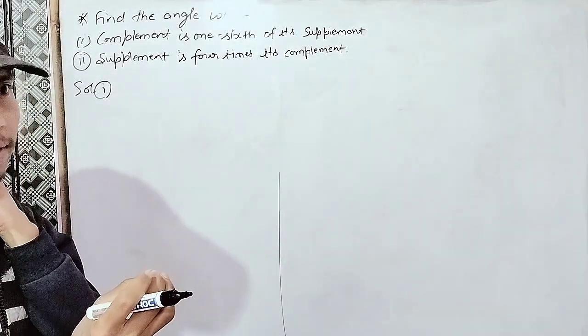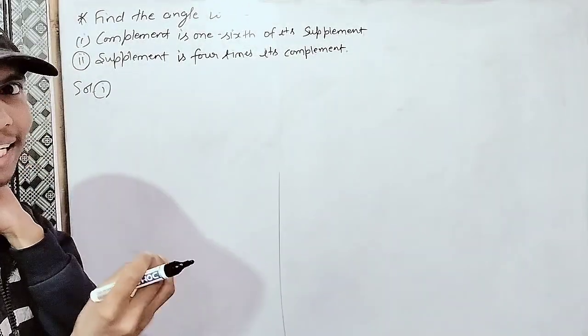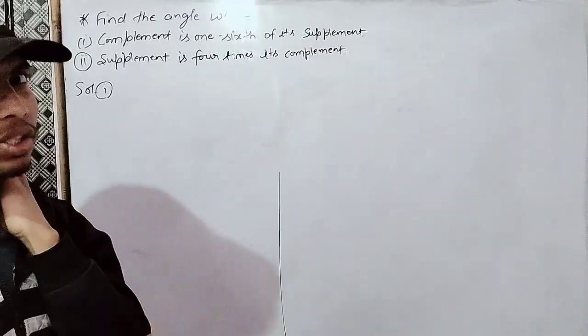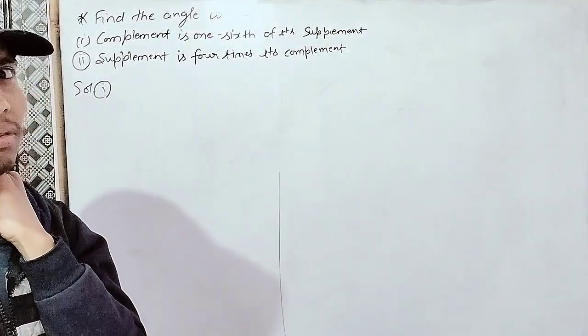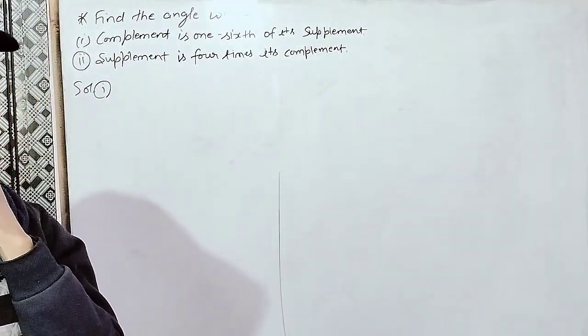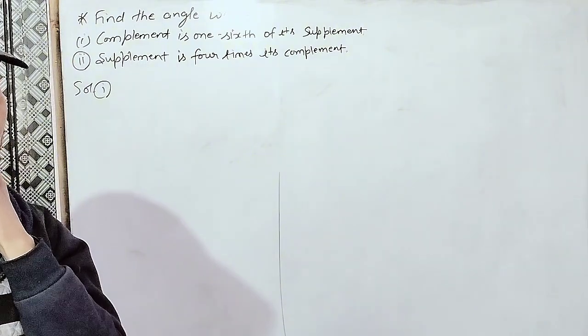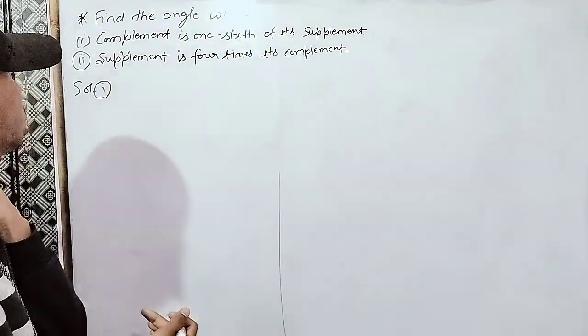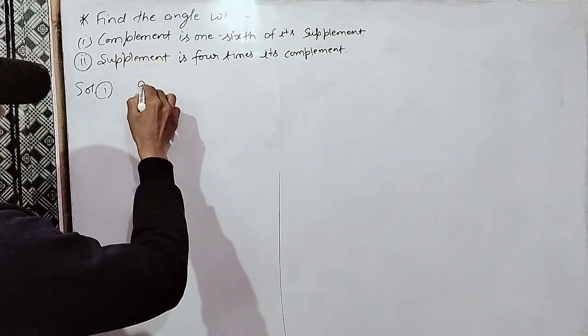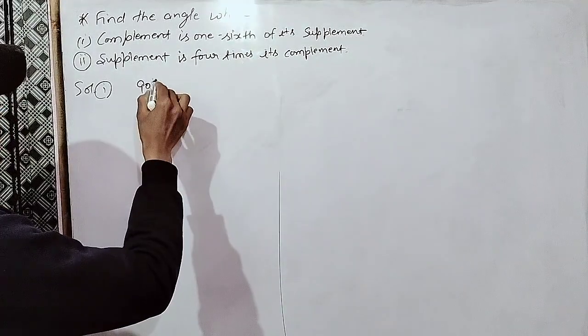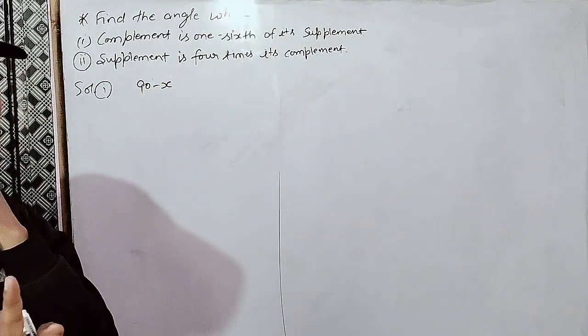It is saying you have a complement, and the complement is 1/6 of its supplement. We only know that it is not an exact value. So this is the complement, we don't know it. First angle we have.